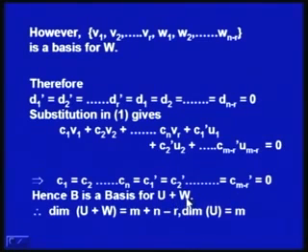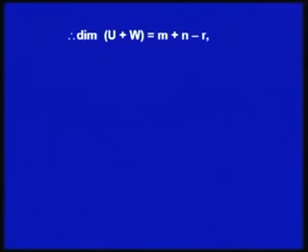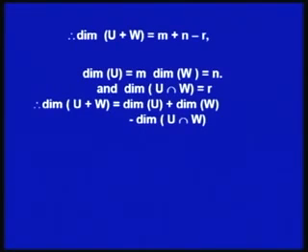for U plus W, and this means dimension of U plus W is equal to m plus n minus r, where dimension of U is equal to m and dimension of W is equal to n. So starting with dimension of U plus W is equal to m plus n minus r, and dimension of U is equal to m and dimension of W is equal to n.